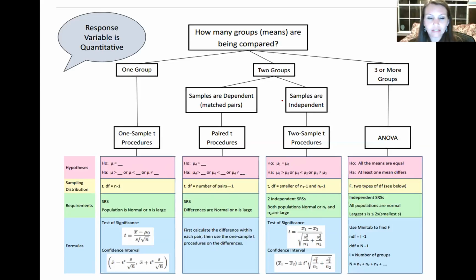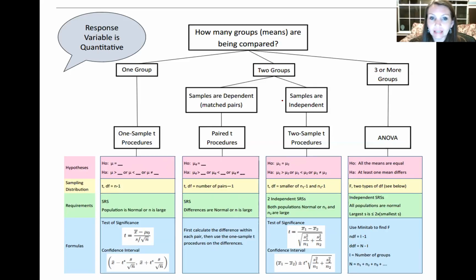So here are some things you can look at to tell the difference. First of all, look at how the data was collected. Something is considered dependent or matched pairs if knowing something about who is in group A tells you something about who's in group B. In a taste test situation, each person would taste both samples, but in a random order.